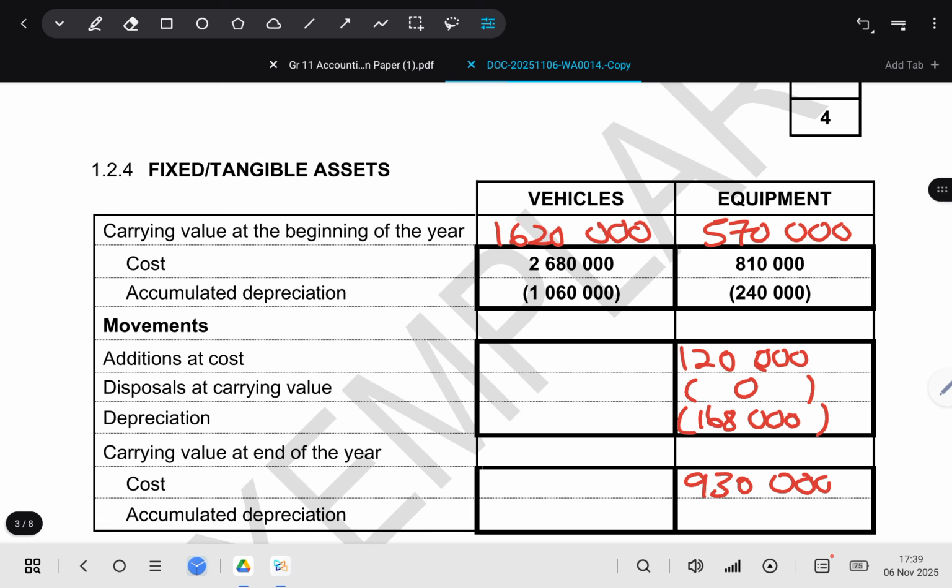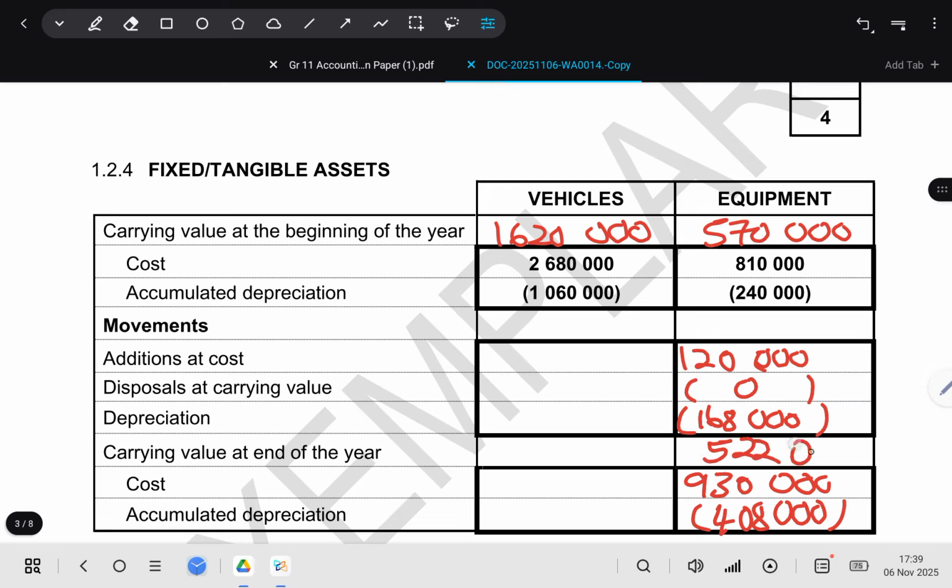Remember, your accumulated depreciation at the beginning plus your depreciation for the year. So this gives us a total accumulated depreciation of 408,000. So I'm going to repeat it again: 240,000 plus 168,000 gives us 408,000. Then we are going to say 930,000 minus 408,000, it gives us 522,000.